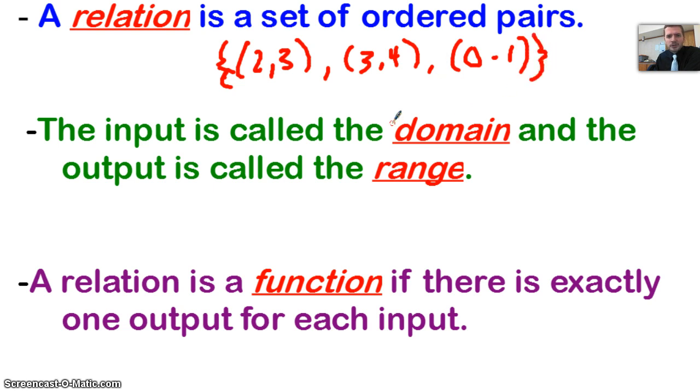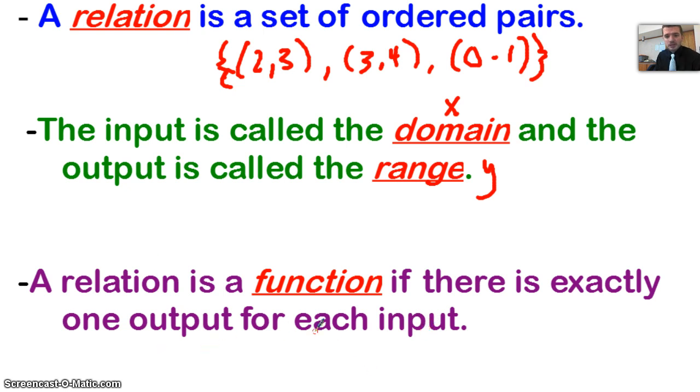A relation is basically any way to group ordered pairs. The input is called the domain, and the output is called the range. Remember, it's always x for the domain and y for the range. A relation is a function if there is exactly one output for each input.